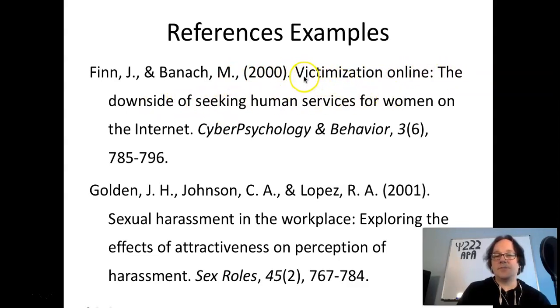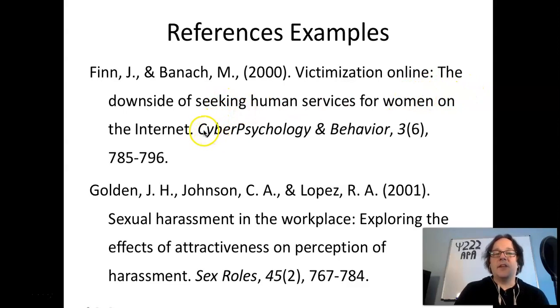You can see it's only the first word that gets capitalized here, except that we have a colon, so anything after a colon gets capitalized, as we know as well. But it's lowercase for everything else. So: Victimization online, colon, the downside of seeking human services for women on the internet.